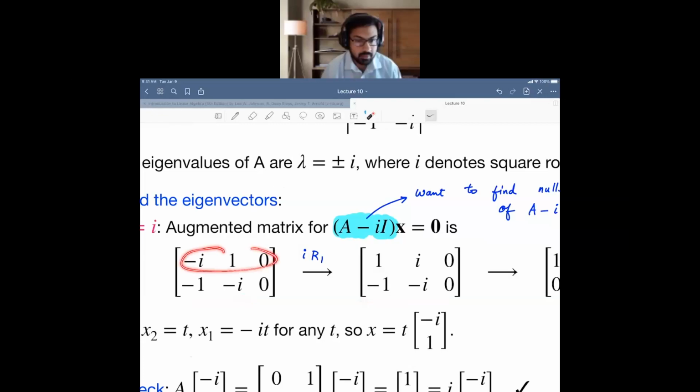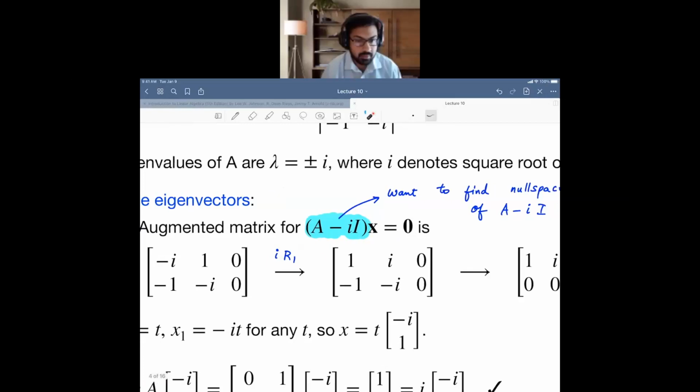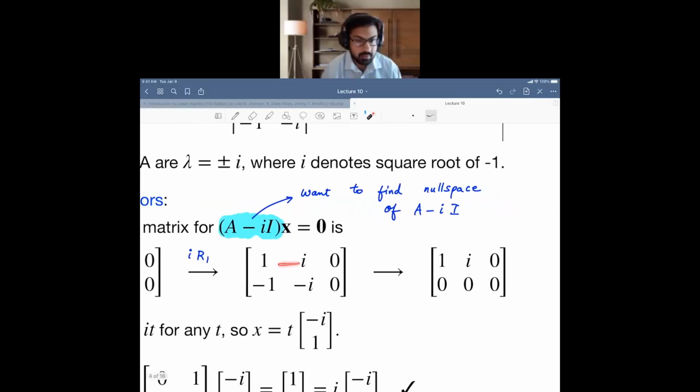So I've taken the first row, multiplied it with an i, I've got that. Next, from here, I can see that the first row and the second row are linearly dependent. One is the negative of the other. So I can do row 2 plus row 1, right? Like I can simply do row 2 plus row 1 over here. And what I get is 0, 0, 0 for the second row. And I get 1, i, and 0 for the first row.